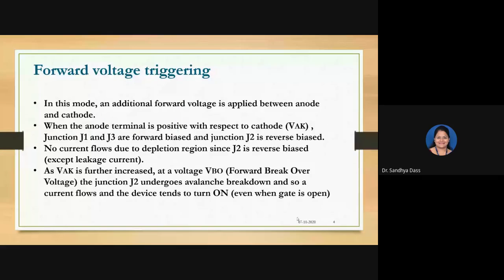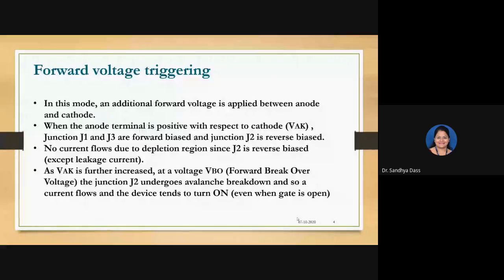As we increase VAK, the voltage across the anode and cathode terminals, there reaches a point where there is a breakdown of junction J2. That voltage we call the forward breakover voltage. That is where the device turns on.